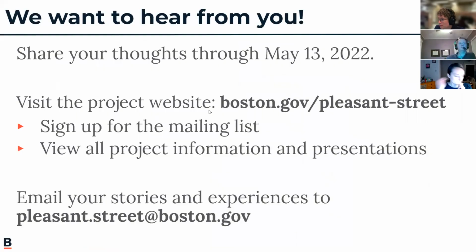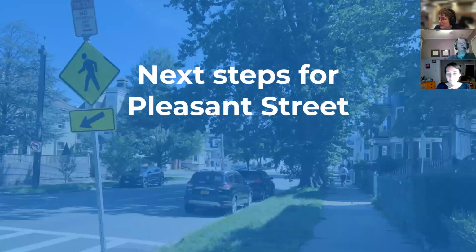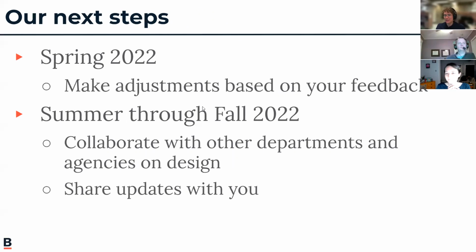Next steps for Pleasant Street. All right. So here we are in spring 2022. We are now going to first download the entire chat and make sure we have read through everything that's come in, because I know I haven't seen everything. We're going to make adjustments based on your feedback. And then in the summer through the fall, we'll be collaborating with other departments and other agencies on the design.